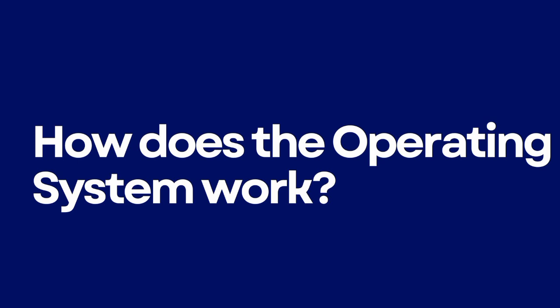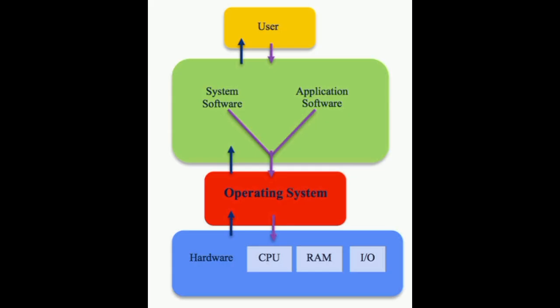Next thing to understand is that the operating system does a whole lot of hidden work that you don't know about. Take a very good example of an application. You decide to use a calculator on your laptop and you press 5 times 9. You use the physical hardware, the keyboard, to press 5 times 9. That information is sent to the operating system.